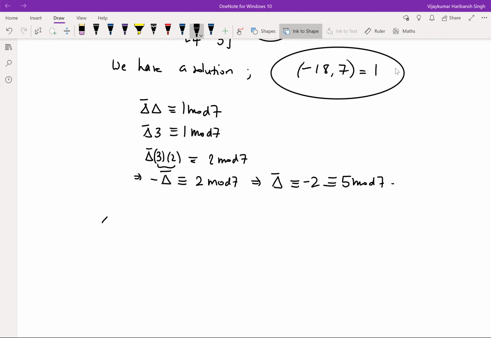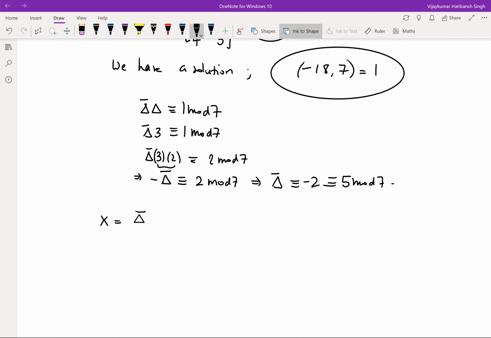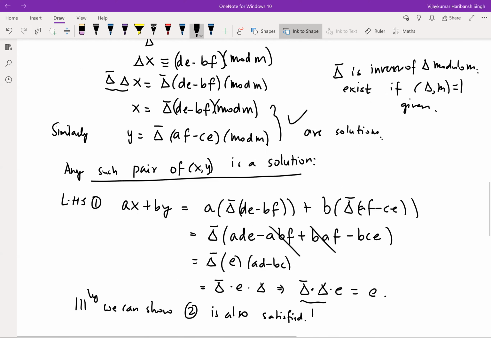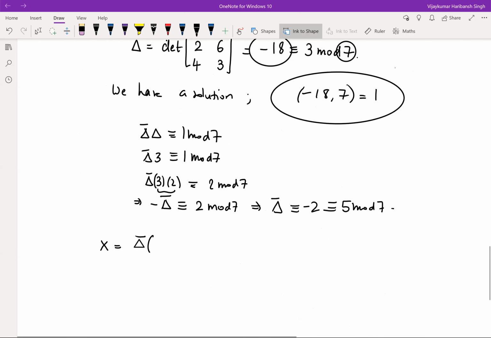So your solution X is, now if you look at the theorem, delta bar times DE minus BF. Note that it may be slightly hard to remember it directly. So use Cramer's theorem on the side.